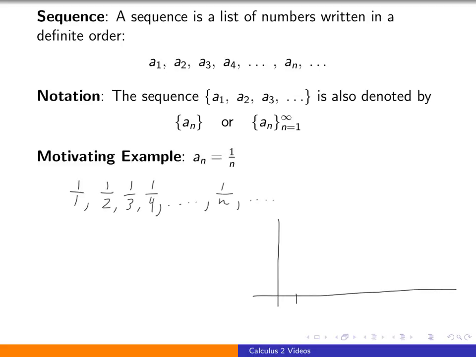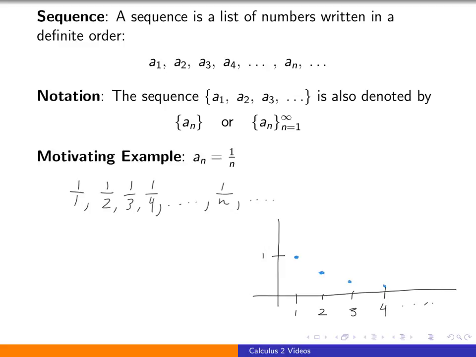So associate with each one of those positive whole numbers you have the output for your sequence. So a sub 1 would be the output associated with 1. a sub 2 would be the output associated with 2, which is 1/2. Then with 3, you would have a sub 3, and so on.